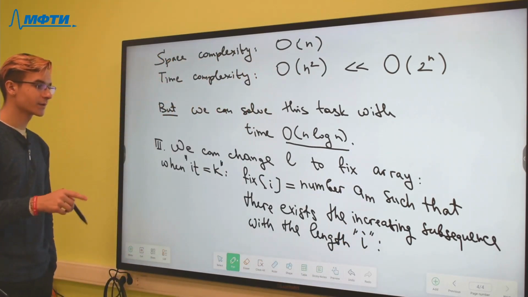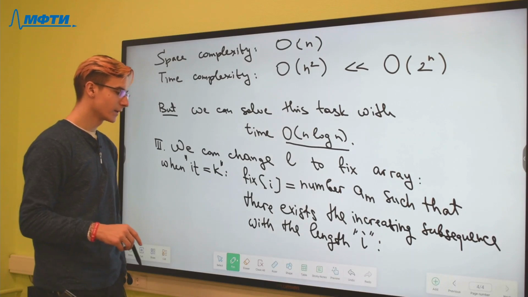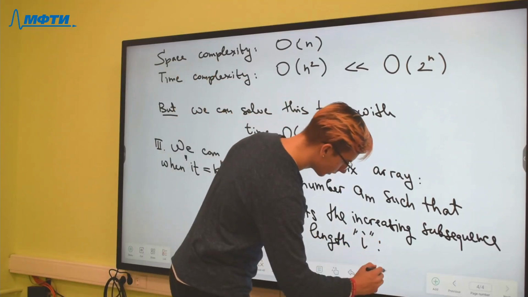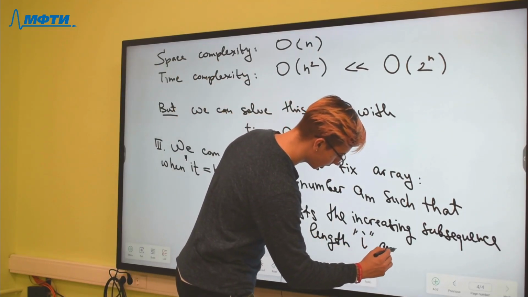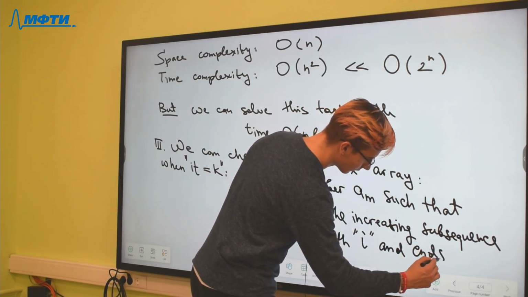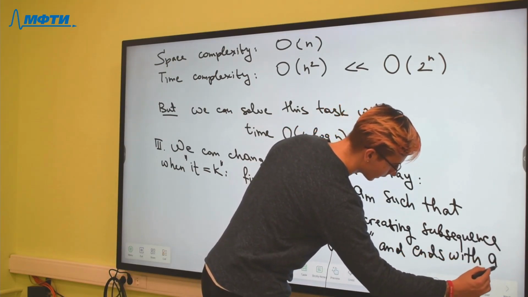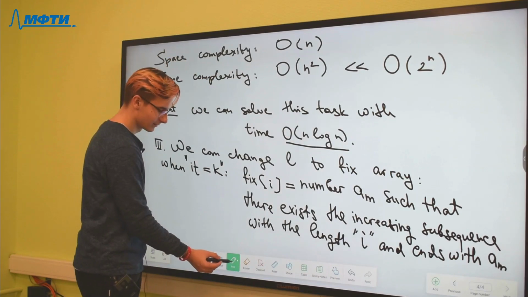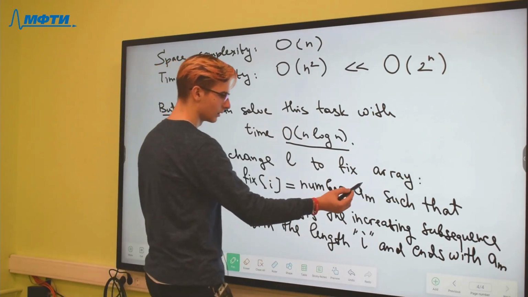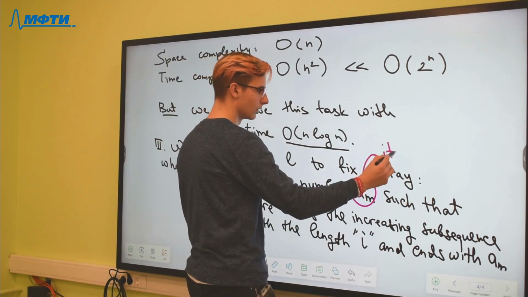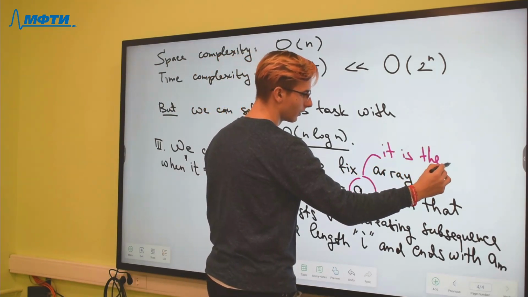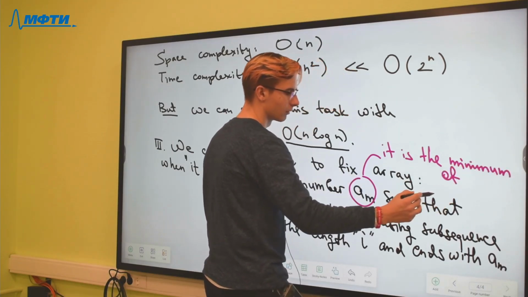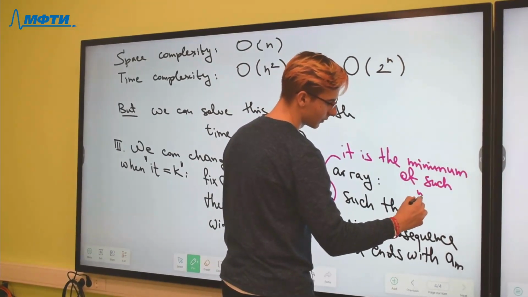Such that there exists an increasing subsequence with the length e and it ends with am, and it is the minimum of such numbers.